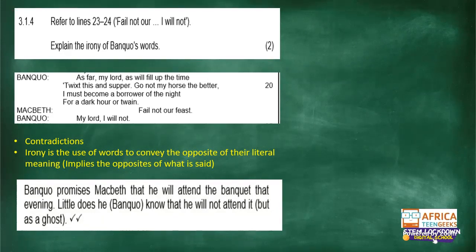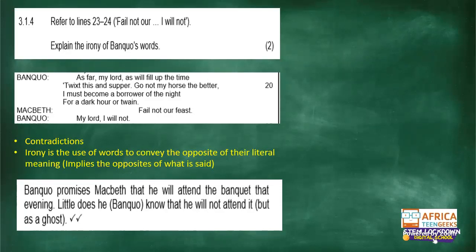Little does Banquo know that he will not attend it, but be a ghost. He was supposed to attend the banquet, but he was murdered that night. It's not that he planned for the entire thing to be irony. He really wanted to be there, but he was murdered.